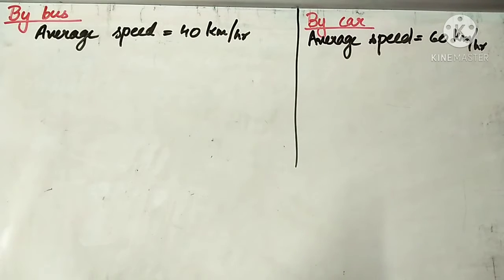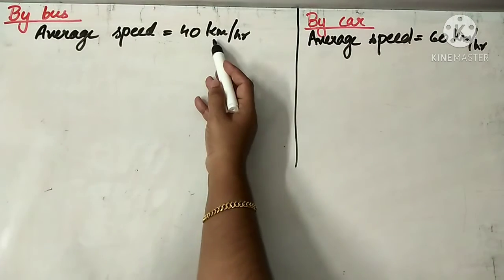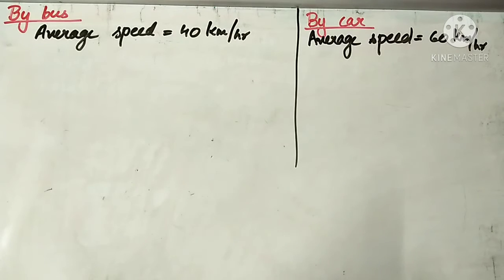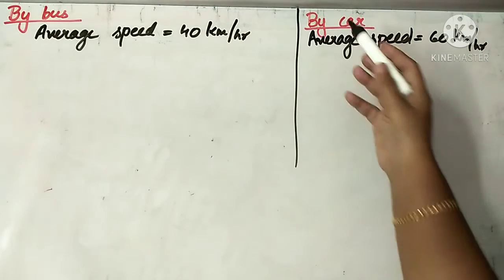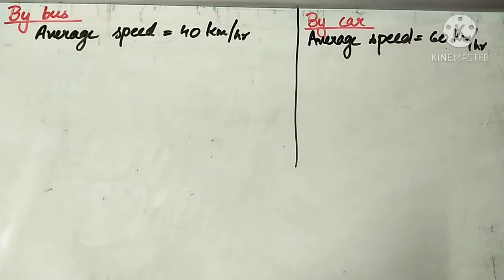According to the question, Babu went to Manandavadi by bus, so we write by bus, average speed is 40 km. He returned by car, and the average speed of the car was 60 km per hour.